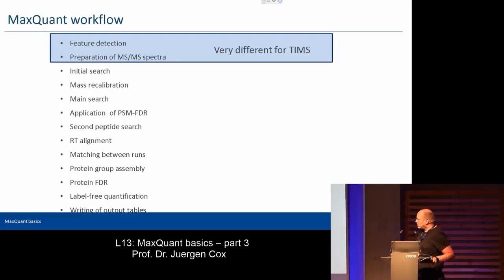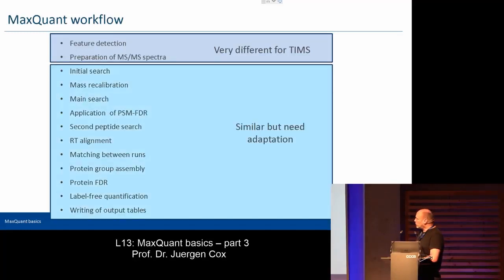And also the preparation of MSMS spectra should be different because they have to be projected down also from a higher dimensional data space to the single spectra that we used to and that we can put into search engines like Andromeda. Right? So this will be very different. But most of the other things just go through from the conventional LC-MSMS data analysis workflow.